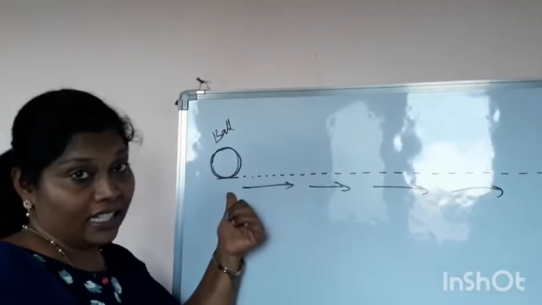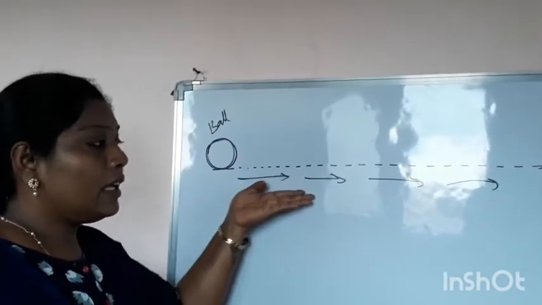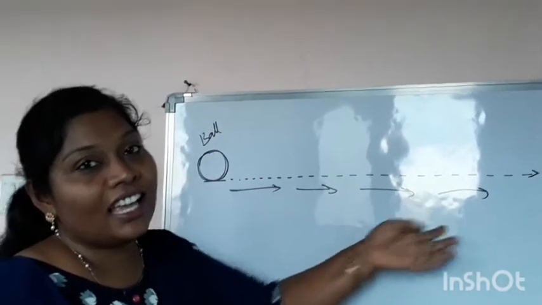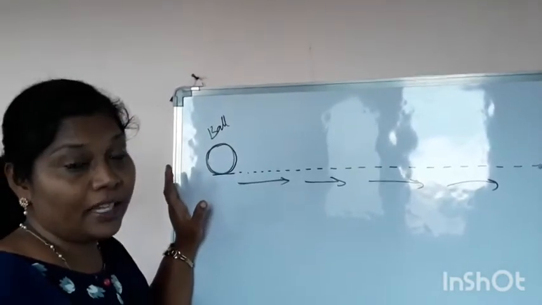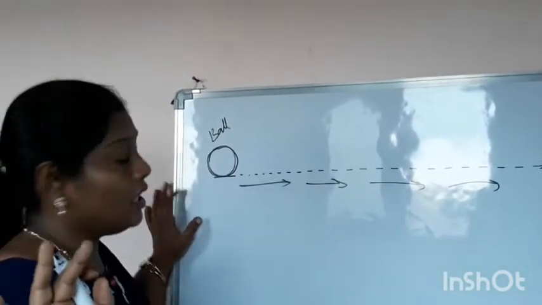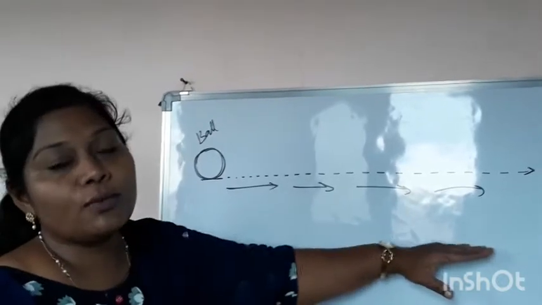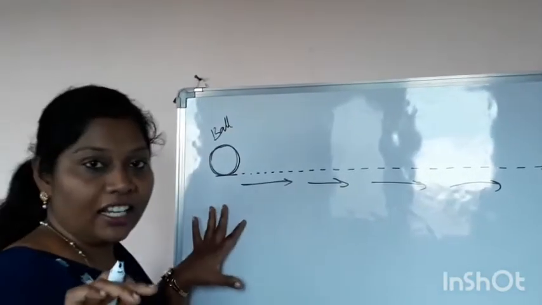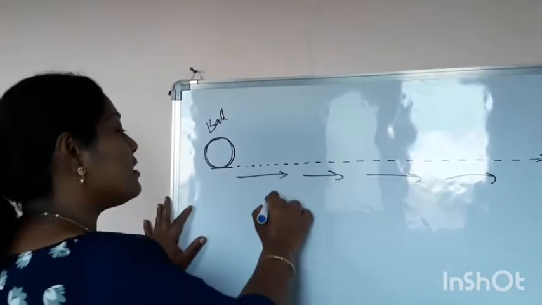If all the particles are moving along the motion, then the object is said to be in translatory motion. If you see like this, the ball is moving in a straight line, so definitely it is showing translatory motion.